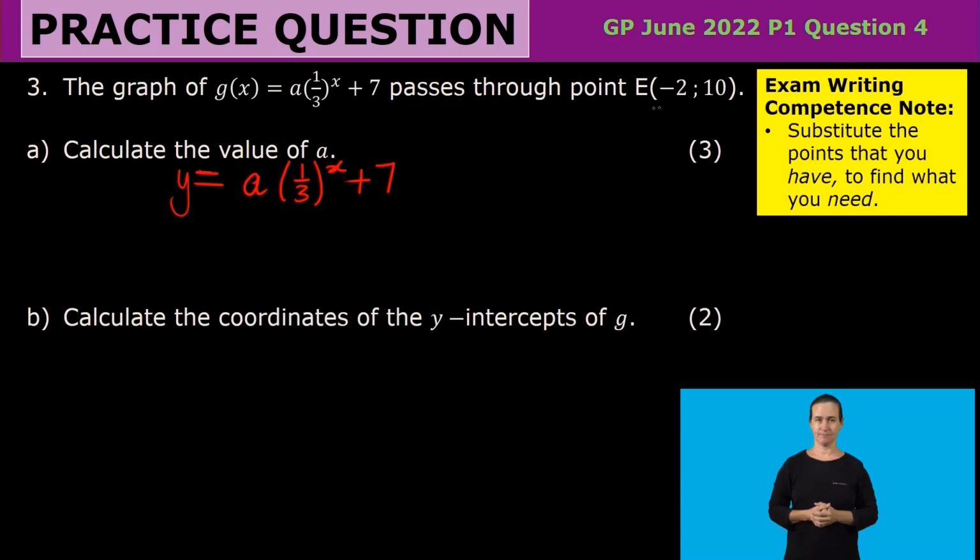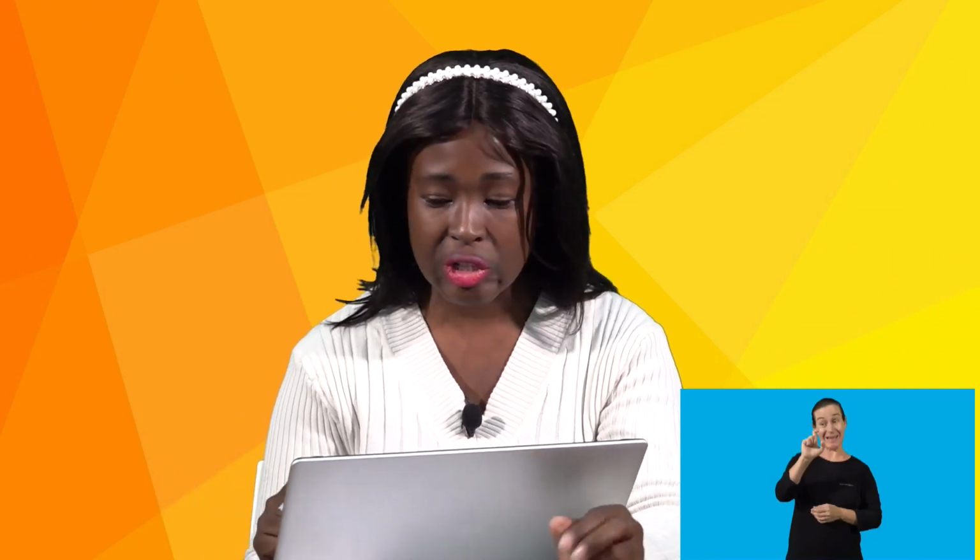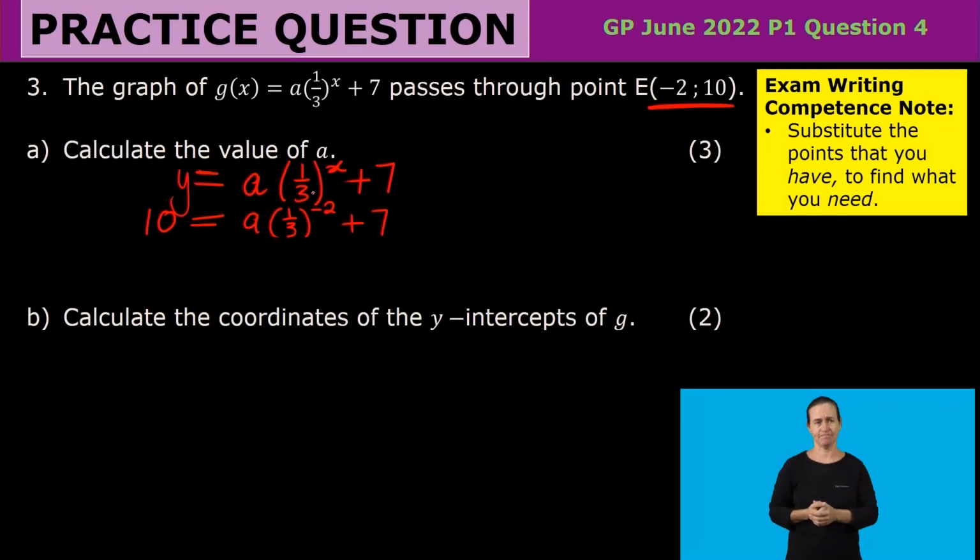We are given another point that we can use to substitute into this equation, and that's going to allow us to find the value of A. We substitute the point that is given, 10 for the value of y, and for the value of x, a negative 2. This is where your exponent laws need to come into play. Of course, you can use your calculator as well, for that 1 over 3 to the exponent of negative 2.